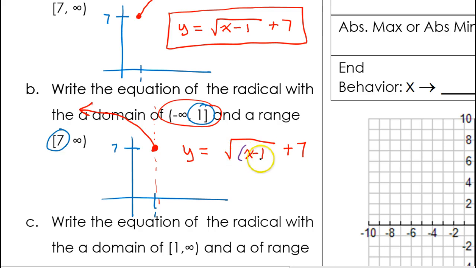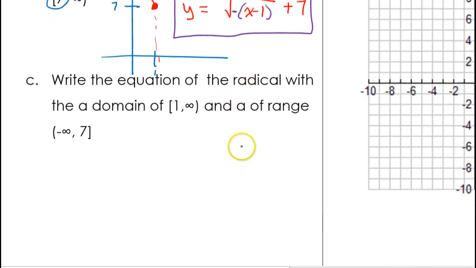A reflection over the y-axis is going to show up as a negative sign right here, a negative b value. You must have the parentheses for this to work properly. So this would be the equation that would have a range of 7 to infinity and a domain of negative infinity to 1.